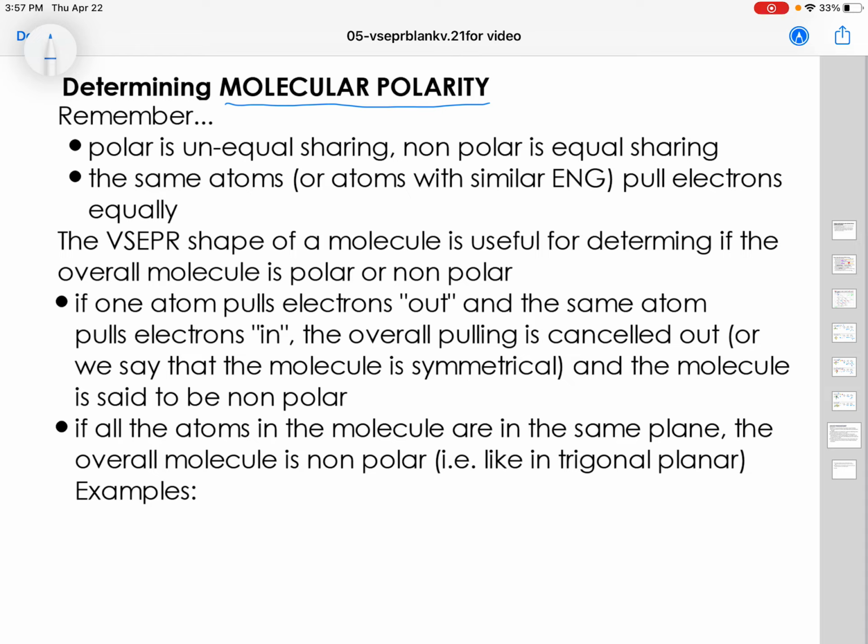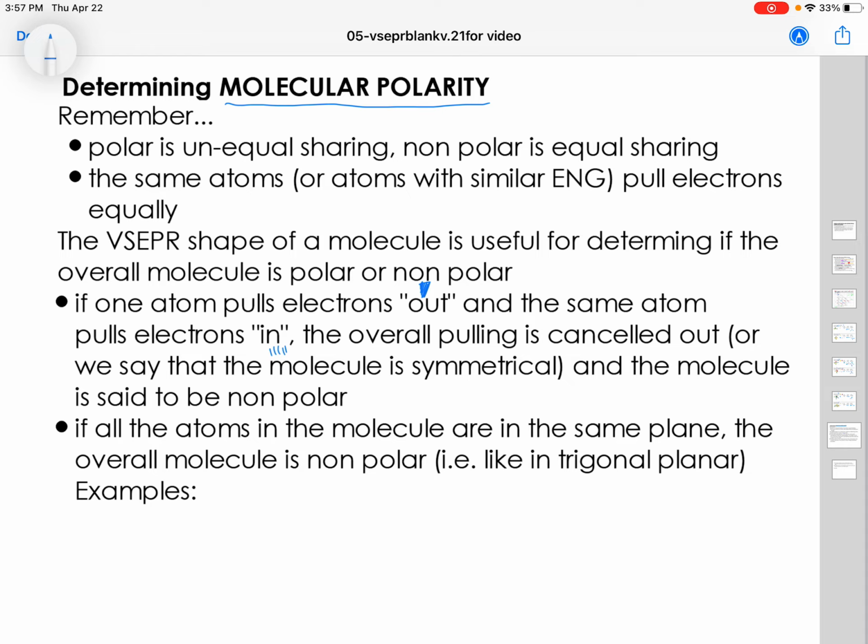So if one atom pulls electrons out, so we said that was a triangle, and the same atom pulls electrons in, which is the dotted lines, the overall pulling is canceled out, or we say that the molecule is then symmetrical, which means it's like a teeter-totter. It balances. One pulls out, one pulls in. You're going to get symmetry, and the molecule is balanced.